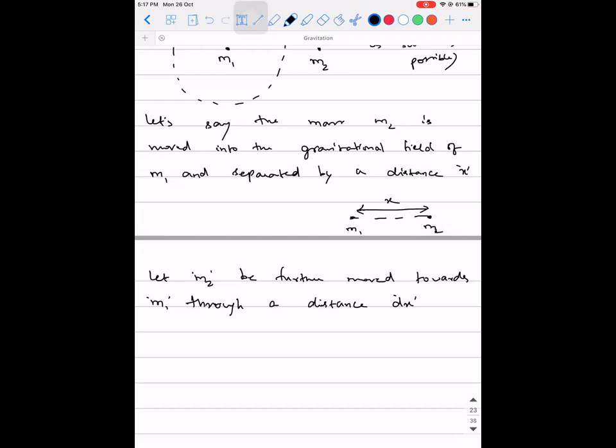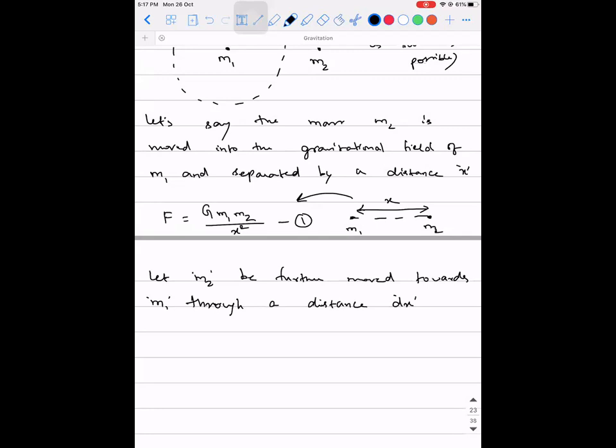Now tell me, what will be the force between the particles in this case? It will be G m1 m2 divided by x square.